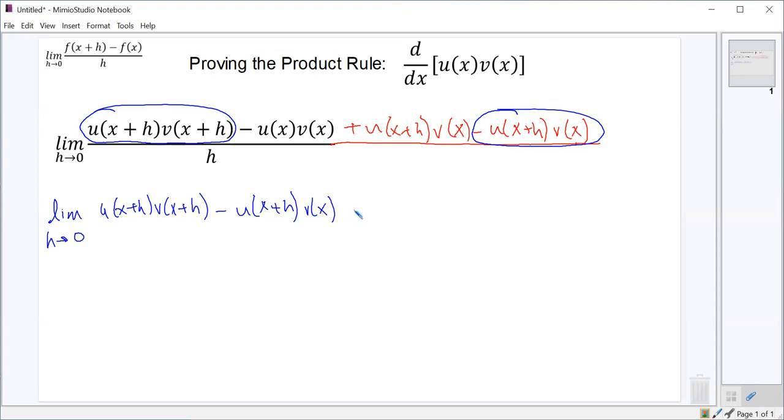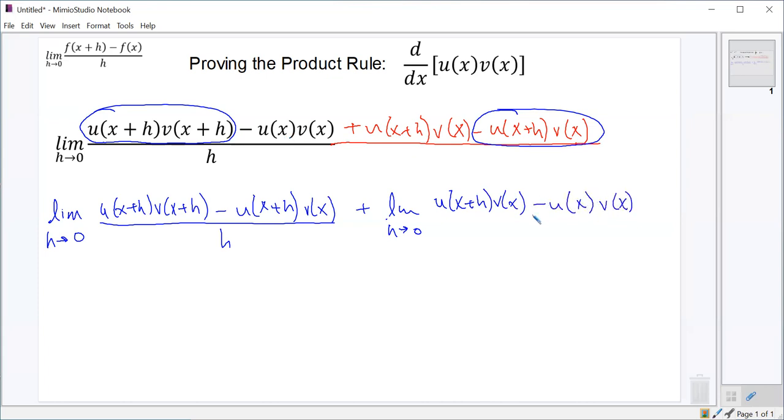And if I do that, that means I have to separate these other two into their own limits. Don't forget this is all over h. So the other two terms will be a limit as h approaches 0 of u of x plus h, v of x, minus u of x, v of x. And that is also still all over h.